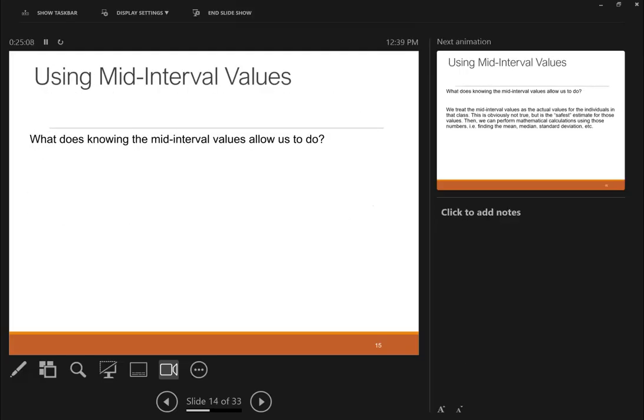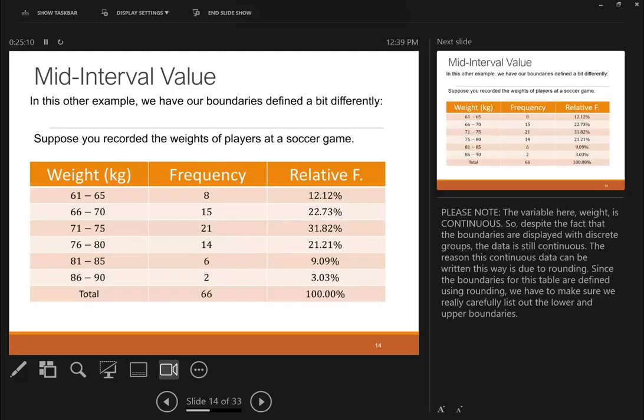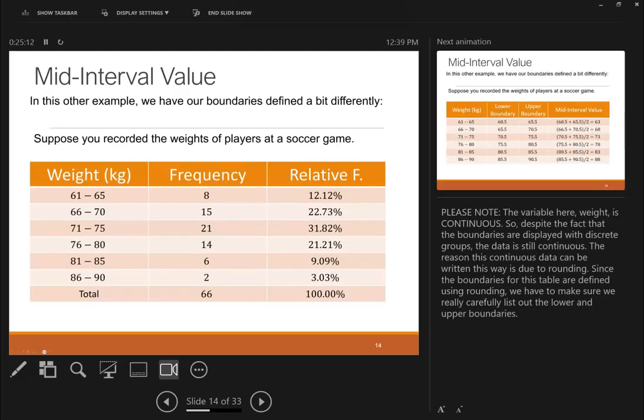So for example, if I wanted to calculate the mean, and all I had was this grouped data table, I would calculate the mid-interval value for my weights. So 63, 68, 73, 78, 83, 88.